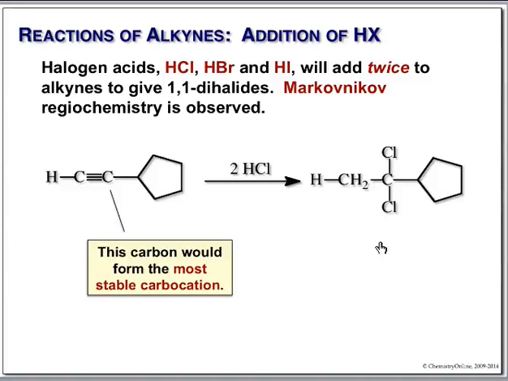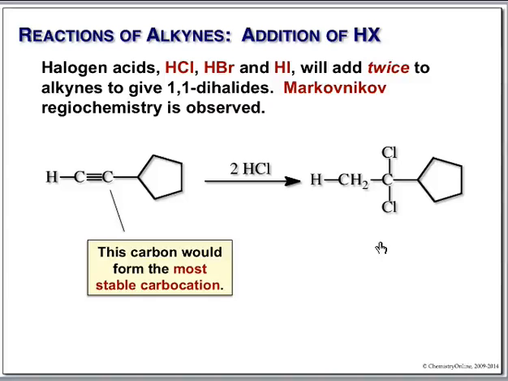Here's our triple bond. We're going to react it with HCl. We're going to wind up with a dihalide, and the halogens are going to be attached to the Markovnikov carbon.